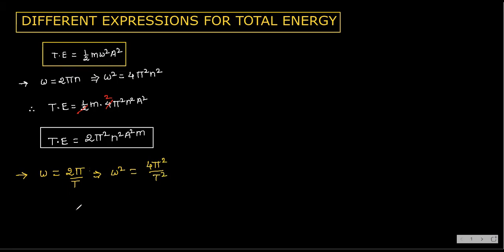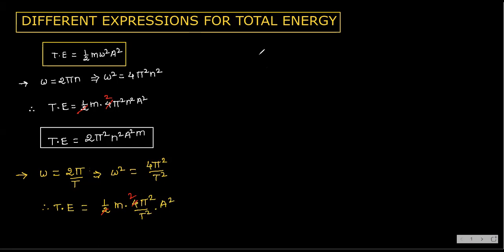Let's substitute here, and therefore total energy is equal to 1 by 2 m into 4 pi square by T square into a square. Again this 2 and 2 cancel, so what is left is 2, and we get the formula like this.